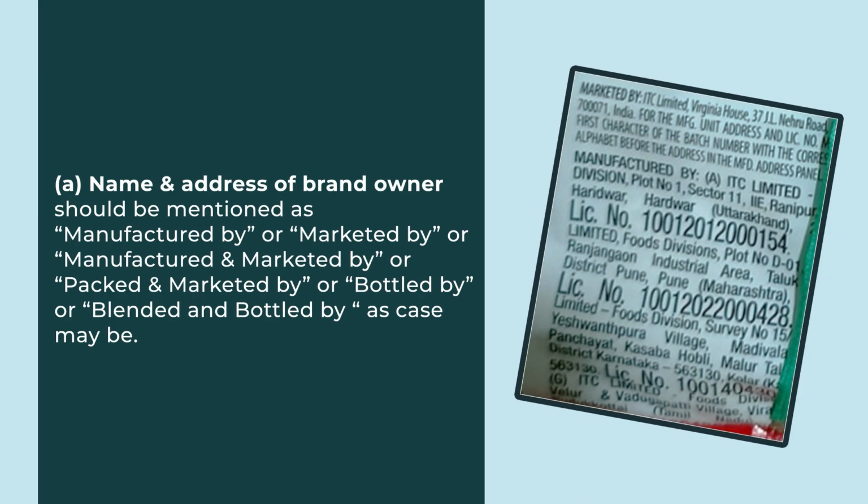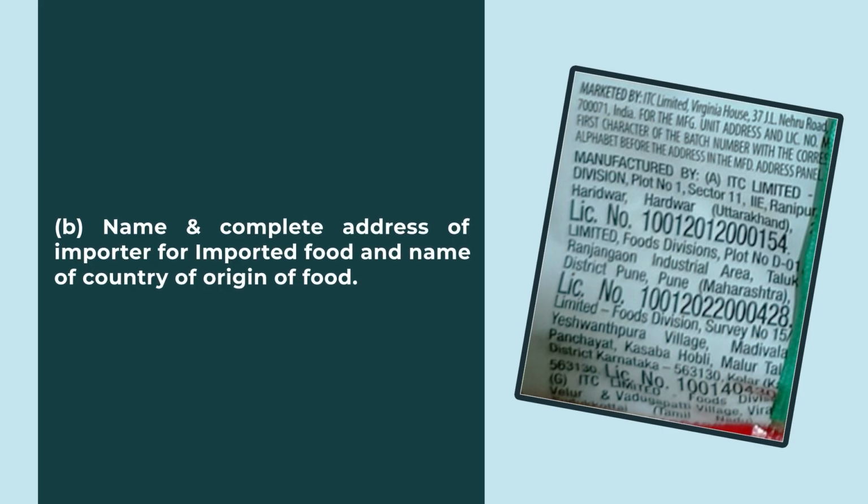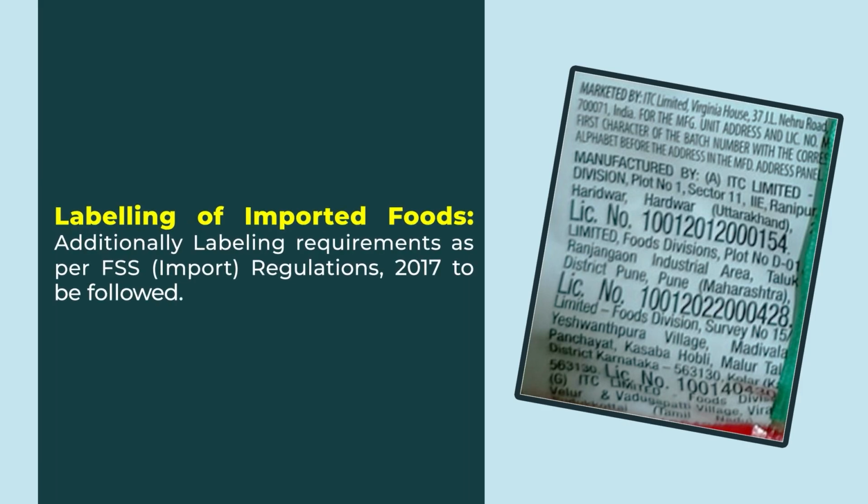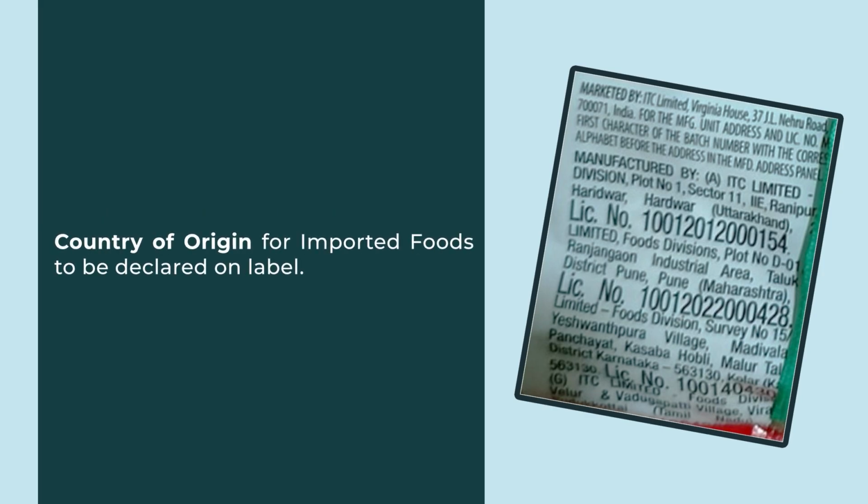So, if the product is imported from some other country, then the name and complete address of the importer for the imported foods and the name of the country of origin of the food should also be mentioned on the food label. For labeling of imported foods, the importer has also to comply with the requirements of another regulation, that is the Food Safety and Standard Regulation for import. And according to that, the importer needs to mention the country of origin for the imported foods on the food label.